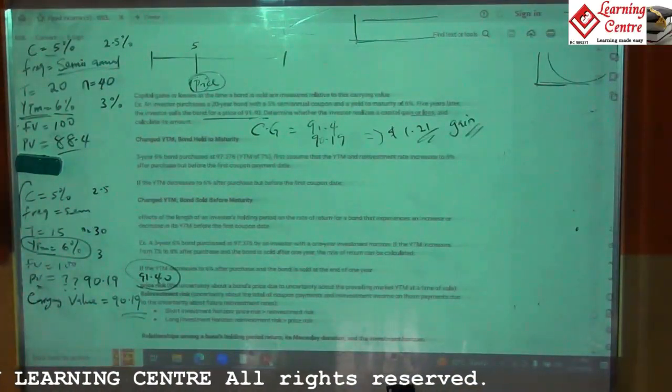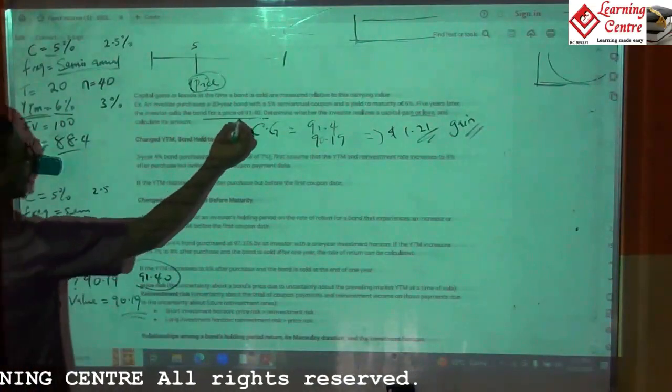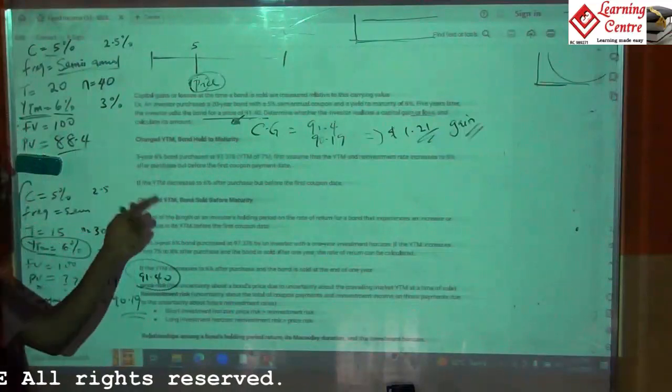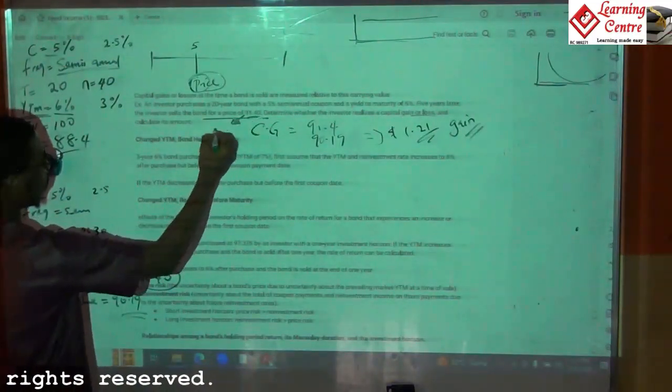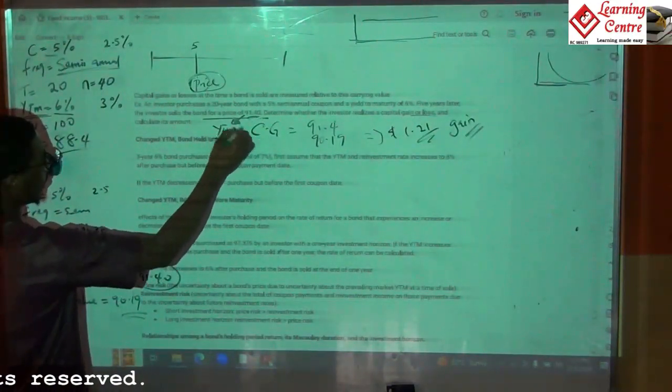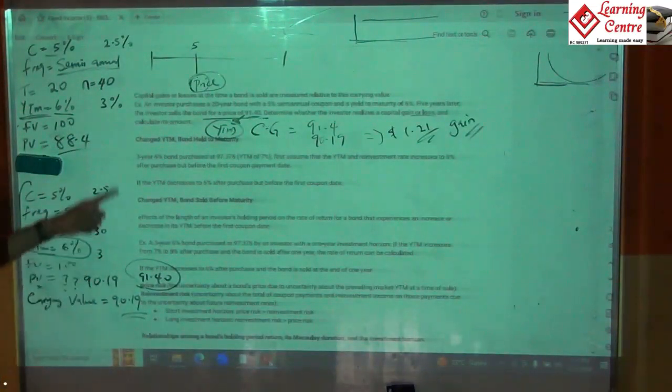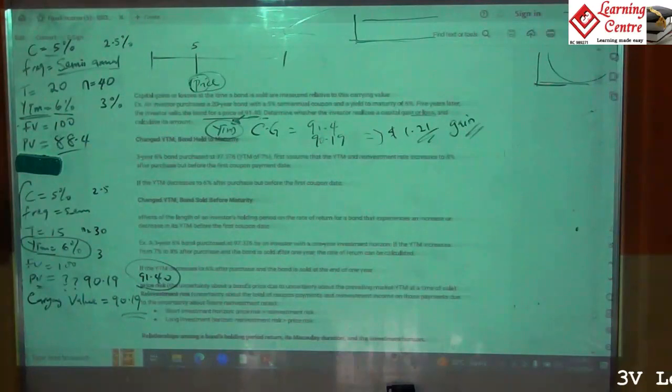We want to compute the YTM in the market, where the market sells this bond at 91.4. What is the market YTM? Okay, so let's do that.